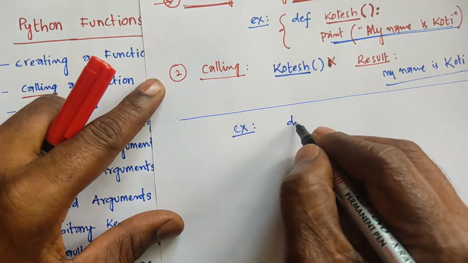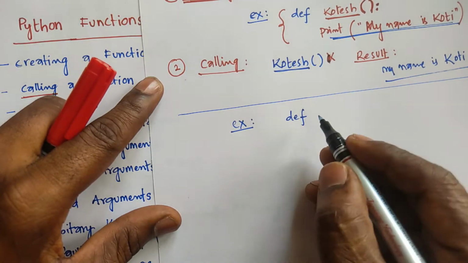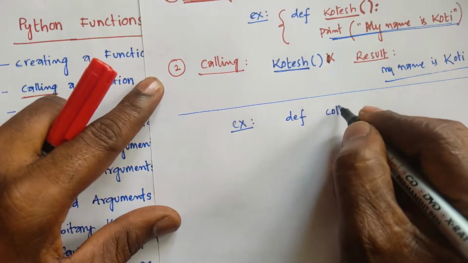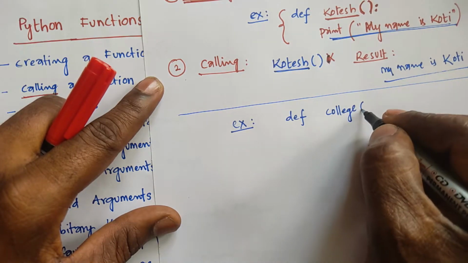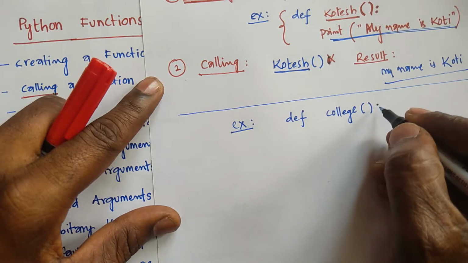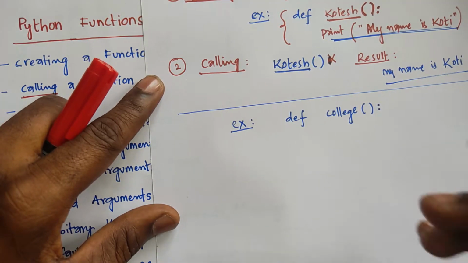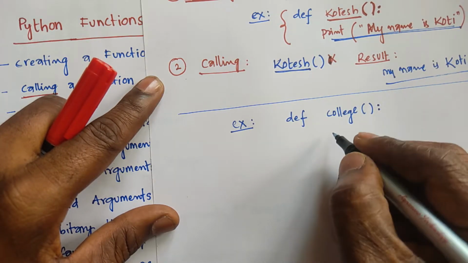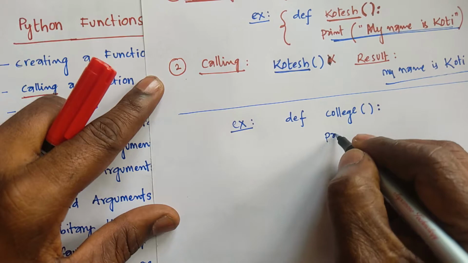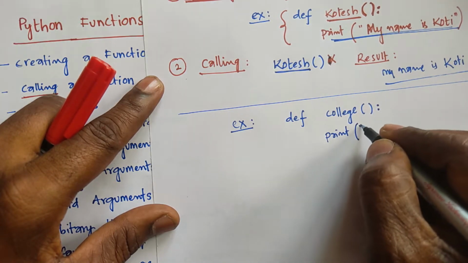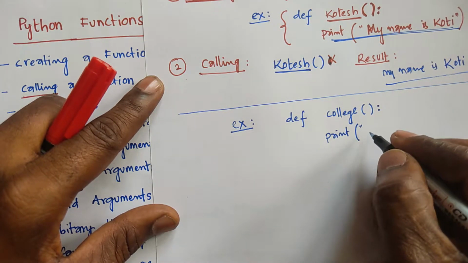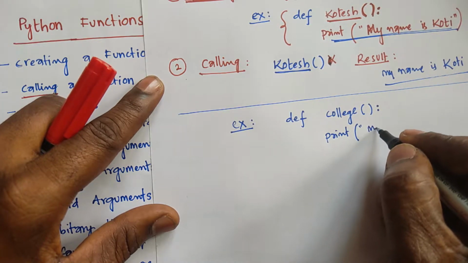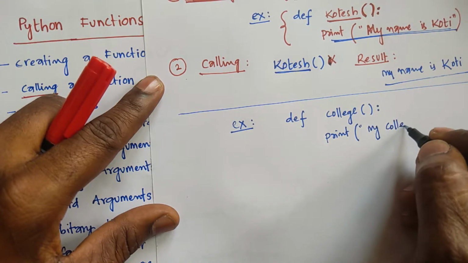To create a function with the help of def, my function name is college, and I am using parentheses and a colon. In this function, I am writing print, my college.